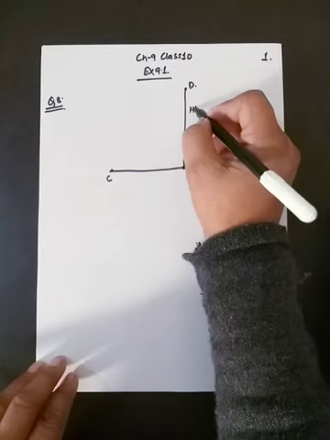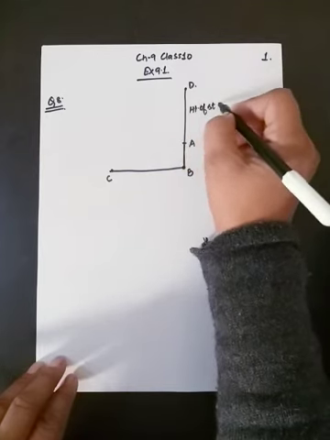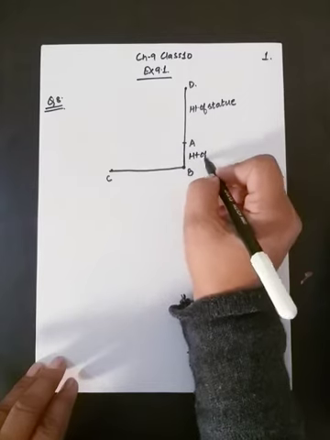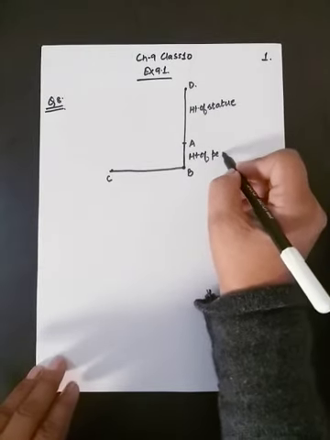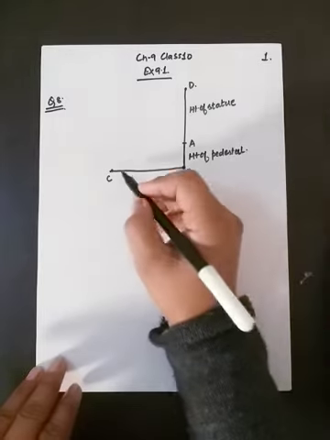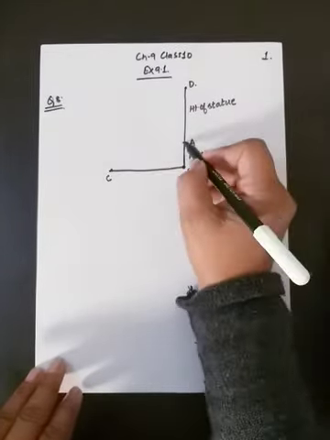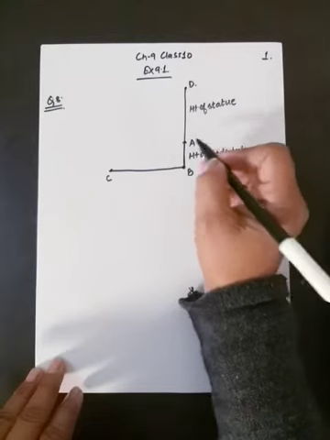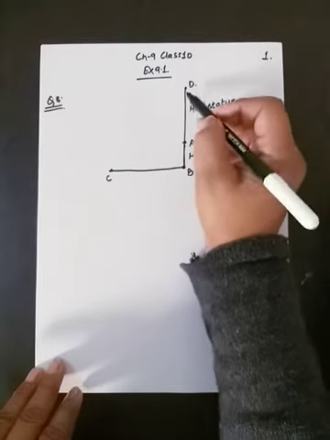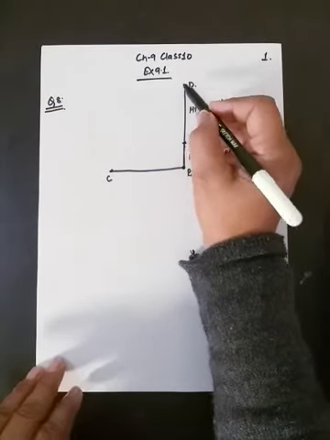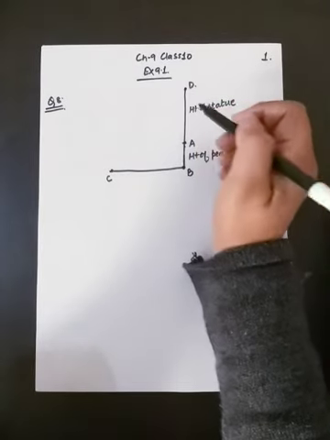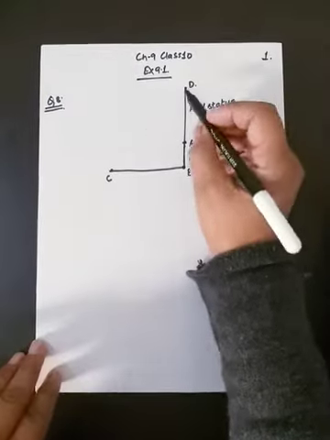AB is the height of the pedestal, and C is any point on the ground. Point A represents the top of the pedestal and the bottom of the statue, and D is the top of the statue. And in this question, the angles for the top of both pedestal and statue are given.